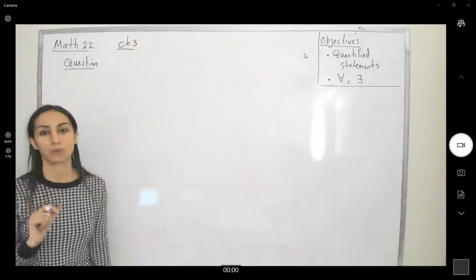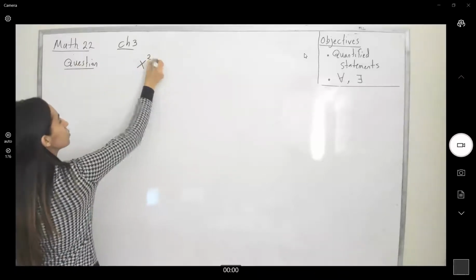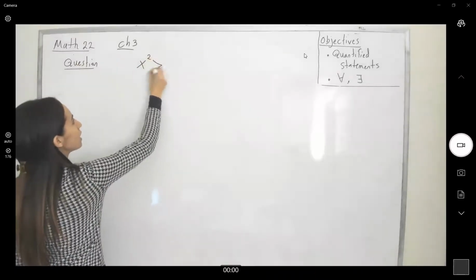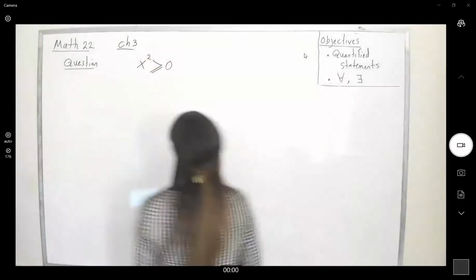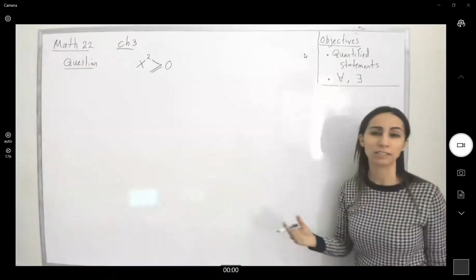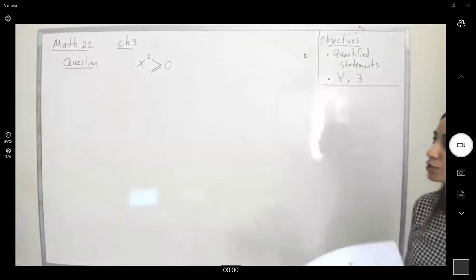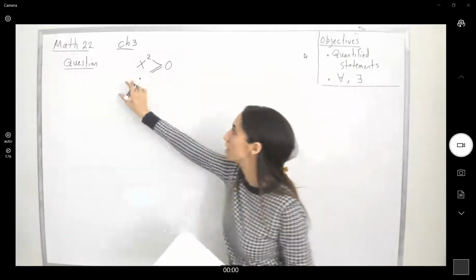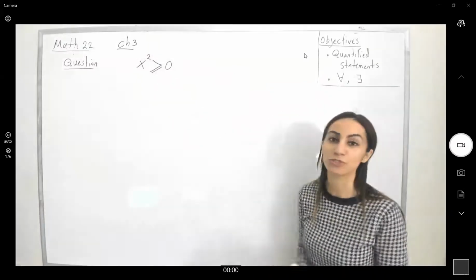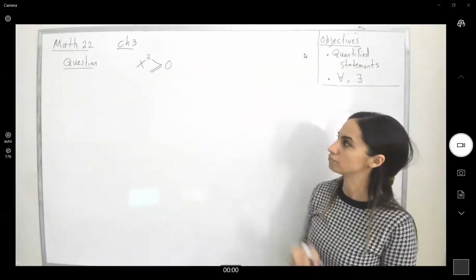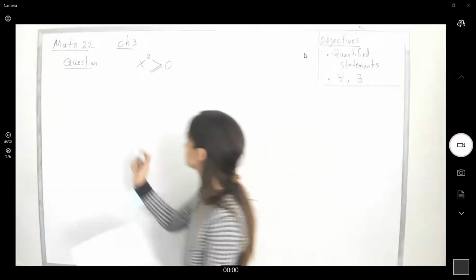Think about this inequality: x squared is greater than or equal to 0. We saw this inequality many times. It means that if I square a number, it's always greater than or equal to 0. Very well. We all know that this statement is always true.